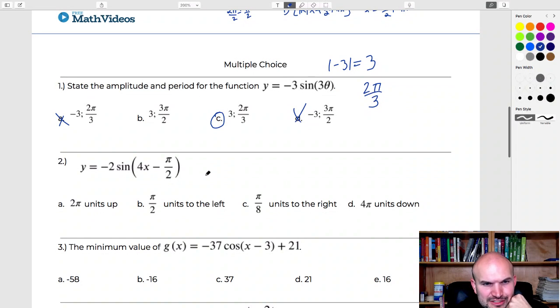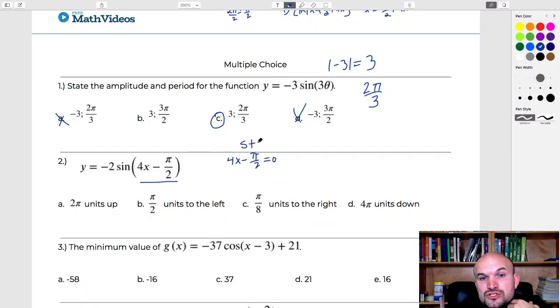This one, I forgot to write in the directions, but the directions are going to be identify the phase shift. Factoring out a 4 can be kind of difficult. If you think about the initial period of sine, it starts at 0. To see where the new start is with these transformations, all I have to do is set 4x minus pi halves equal to 0.